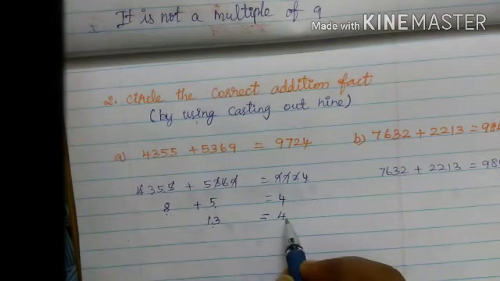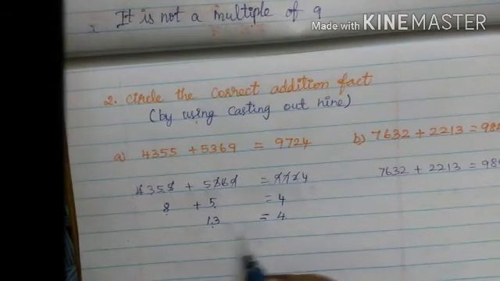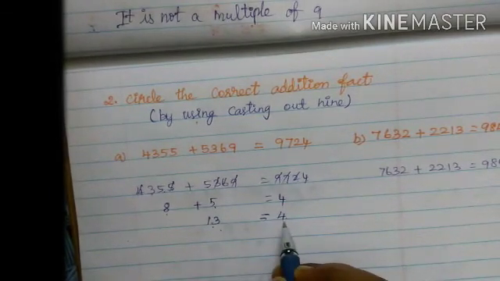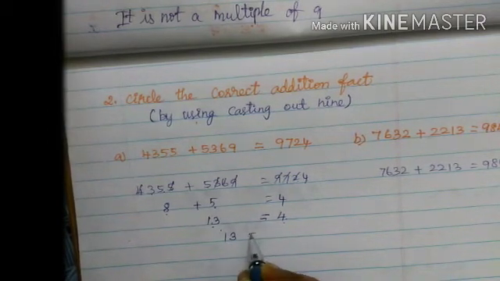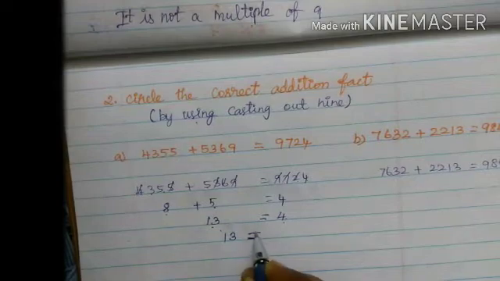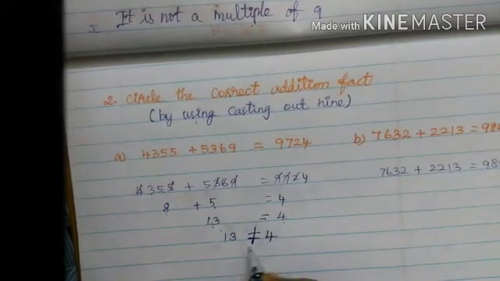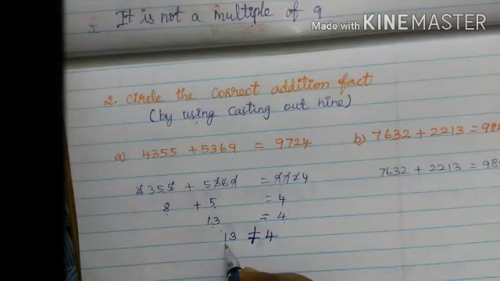This one is 4, and on the opposite side 13. Are these two numbers the same? No, this number is not equal. Check here, equal or not equal? Not equal. So you do this: this one for left hand side, this one for right hand side.